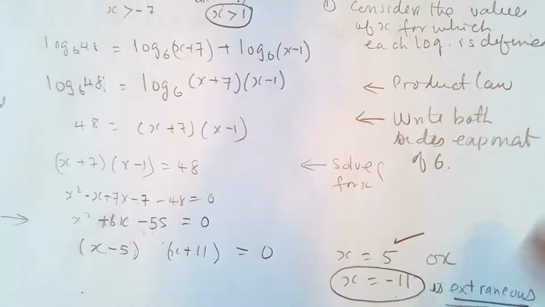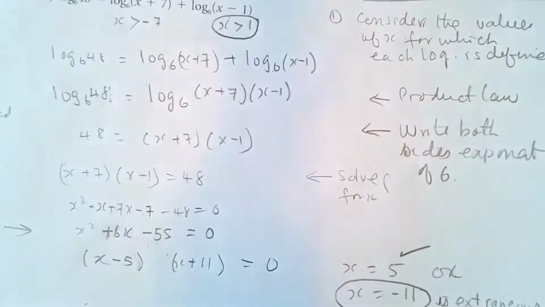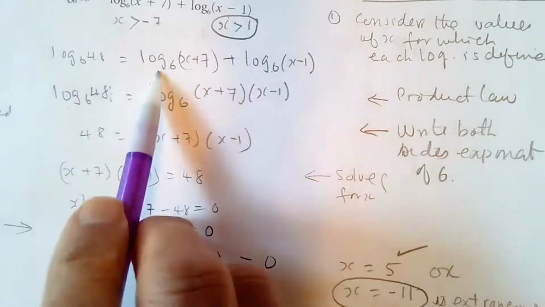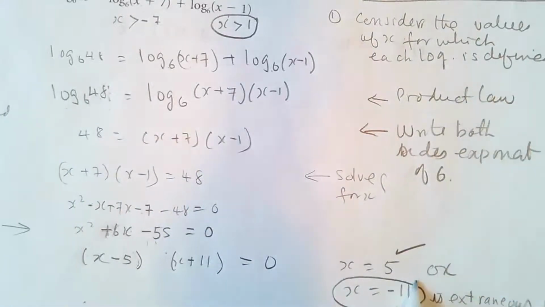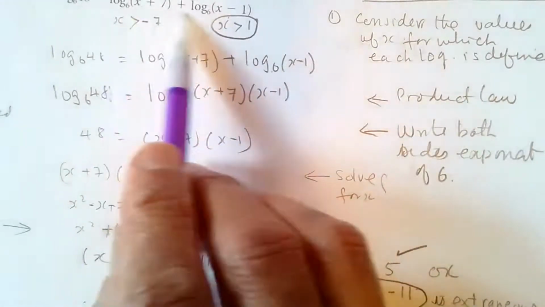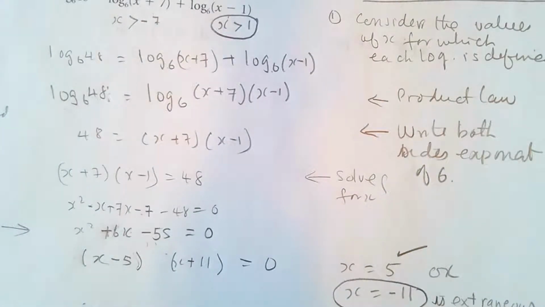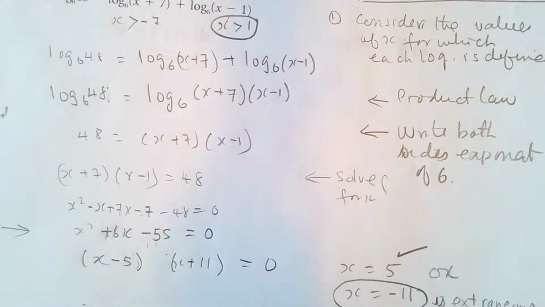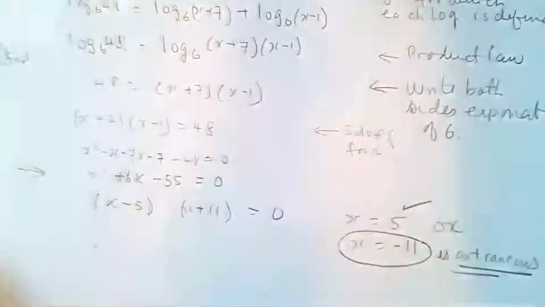And you can verify your solution by looking at the right side, substituting 5 into the right side, and verify that it will be equal to log 648. Okay, I'm just going to go through that verification.